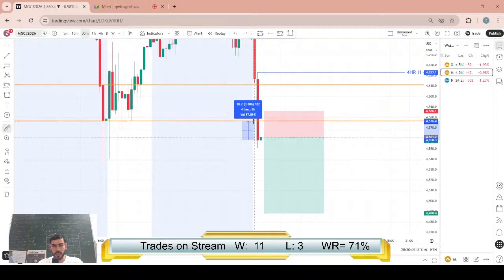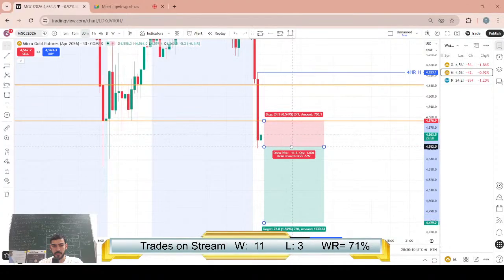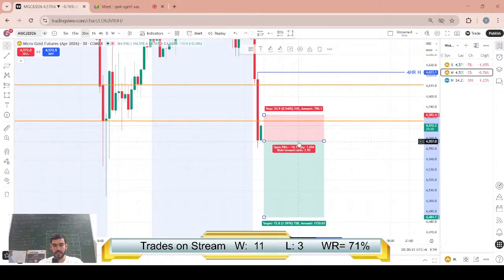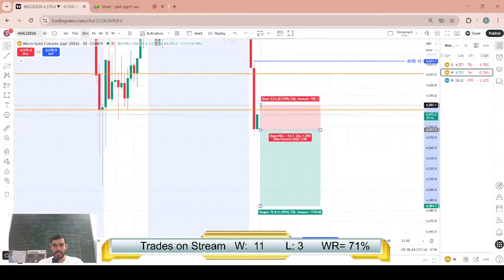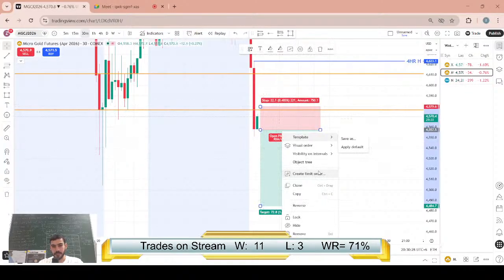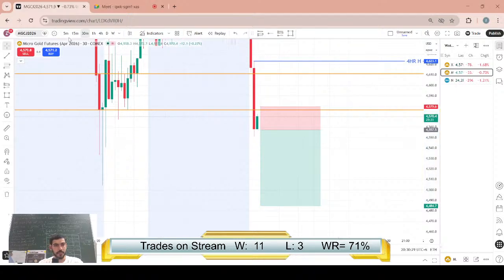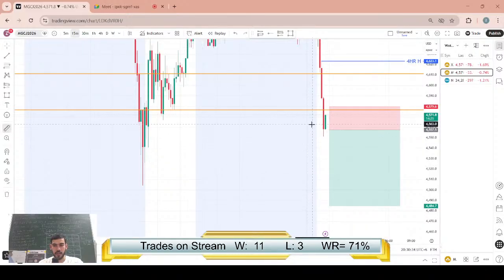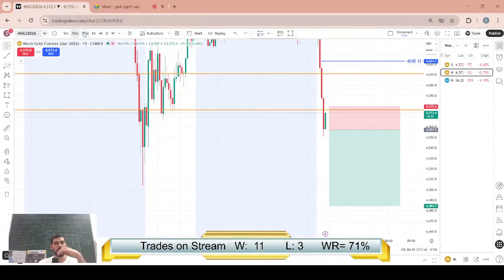We need a top wick till here at least. Yep, a good top wick will be nice. Okay, doesn't look bad. A little bit more. $177, 200. Oh man.